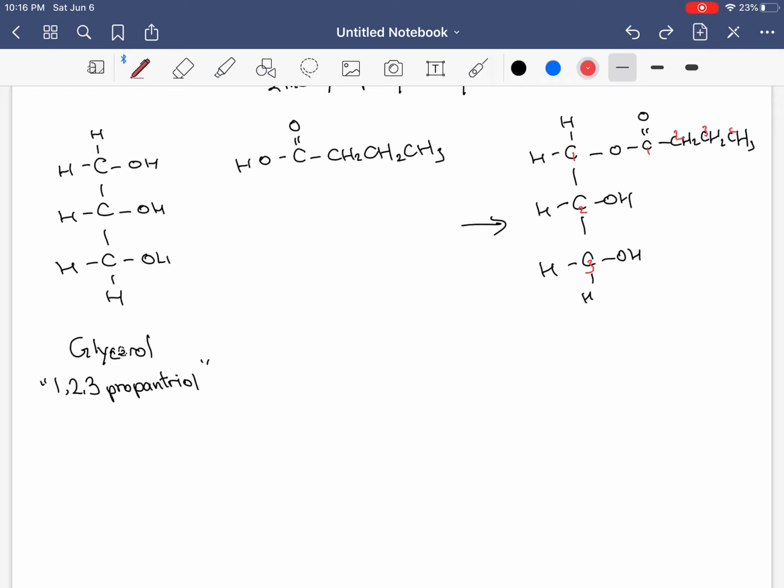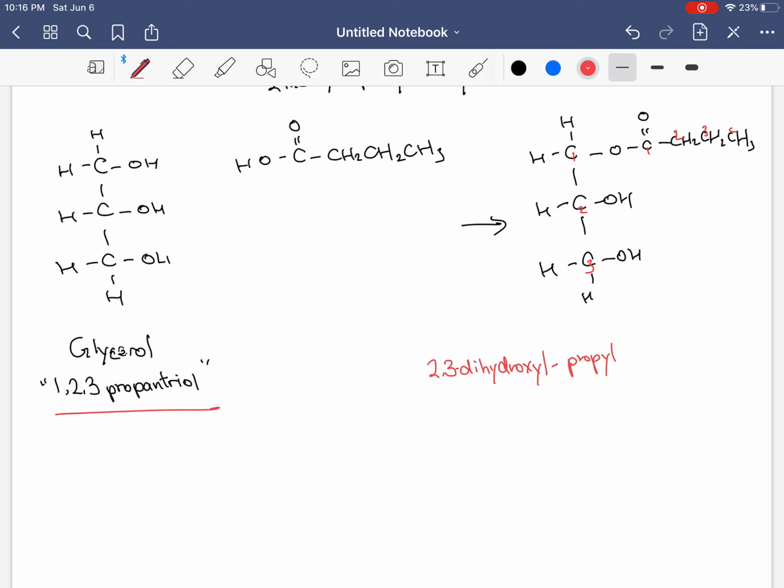So in this case, when you're trying to name this, you will say 2,3-dihydroxy-propyl. Notice you can't really say propanetriol or propanediol or something like that.